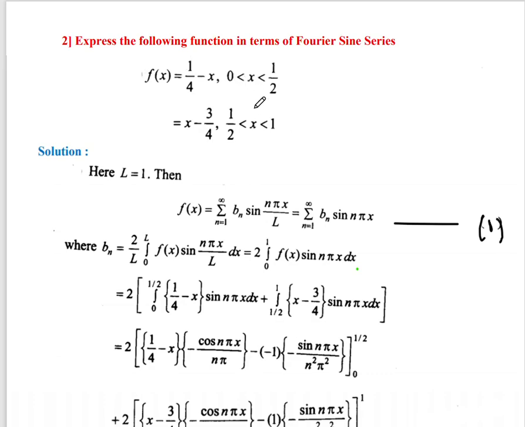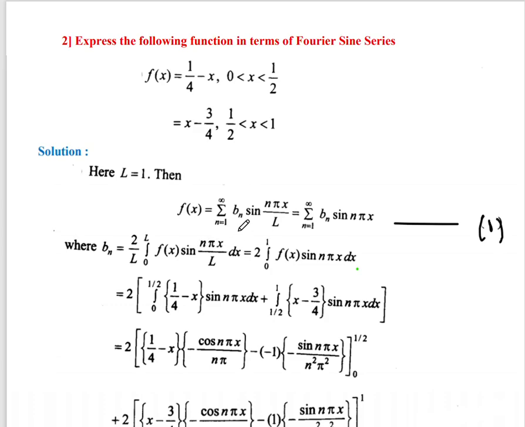So this is the first half interval and this is the second half interval, and the total interval is 0 to 1. Therefore here we can say that minus L is 0 and plus L is 1. So therefore here capital L is 1. Putting capital L in our formula, what is our formula?